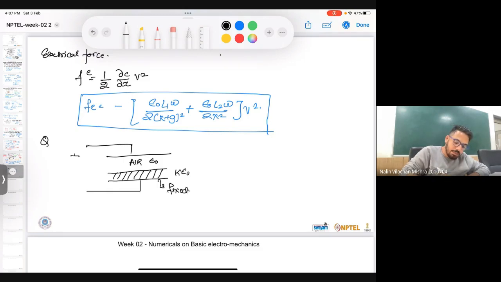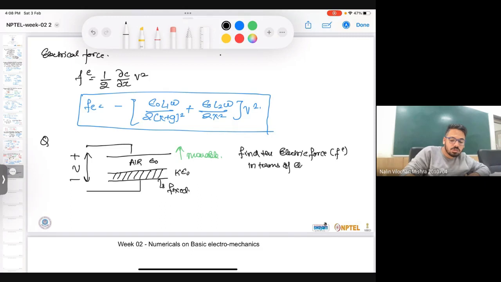The voltage applied across these two plates is given as V, and this plate is movable. So find the electric force Fe in terms of charge.